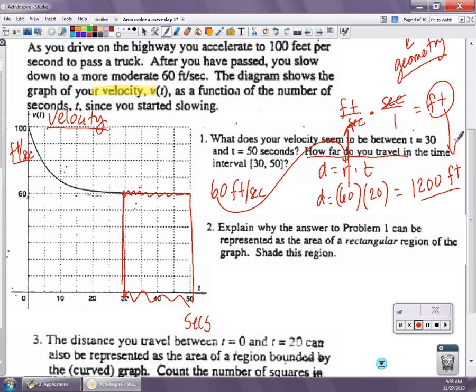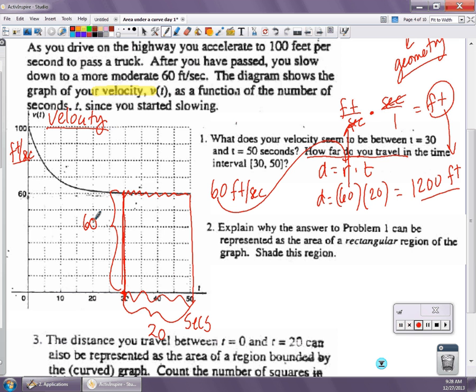But notice, here's that connection that we were talking about. This region basically forms a rectangle. If you take a look, the width of the rectangle is 20 units, and the height of the rectangle is 60 units. Well, that's what we found.